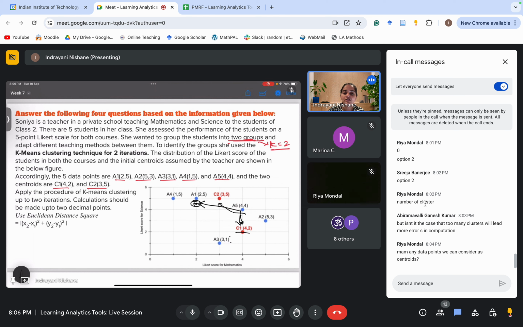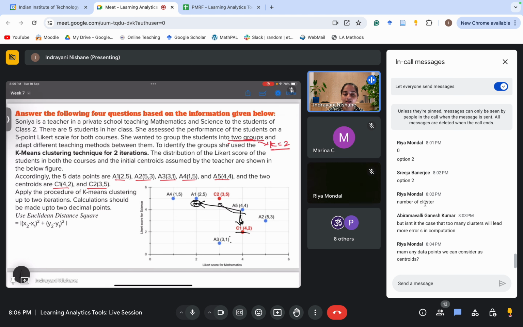So here the role of the initial guesses of centroids is very limited. It doesn't matter for the division of points, how they go into each cluster. So we can consider any point as the initial centroid. That point could be one of the data points as well.